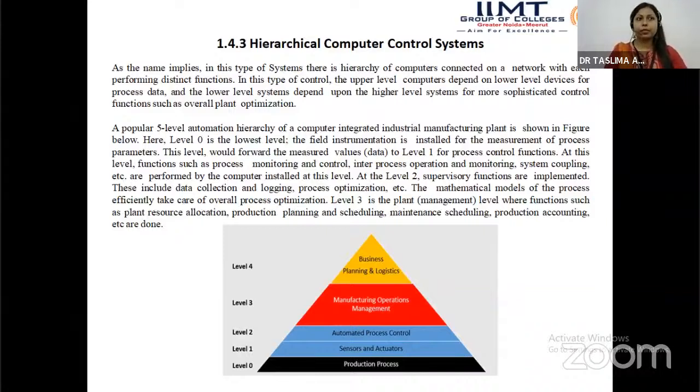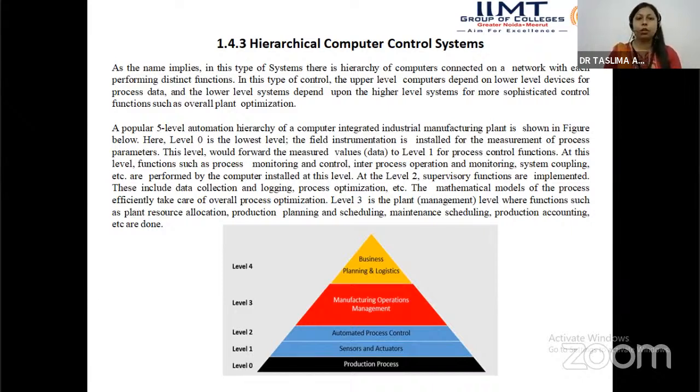And from this class, we can summarize that the hierarchical control system from the classifications is mainly used in industry nowadays, because without this system, we cannot follow a path. And this system mainly gives a rule or regulation or description of a system.